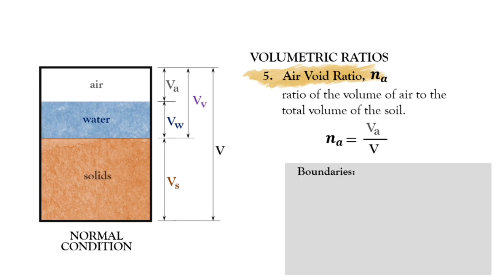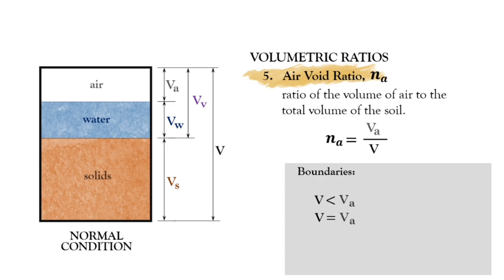So let's start with the total volume is less than the volume of the air. Mukhang imposible na mas malaki pa yung volume ng air mo compare sa total volume ng soil. That is impossible. Also, V or the total volume is equal to the volume of the air. This is also impossible na yung total volume mo is hangin lang.